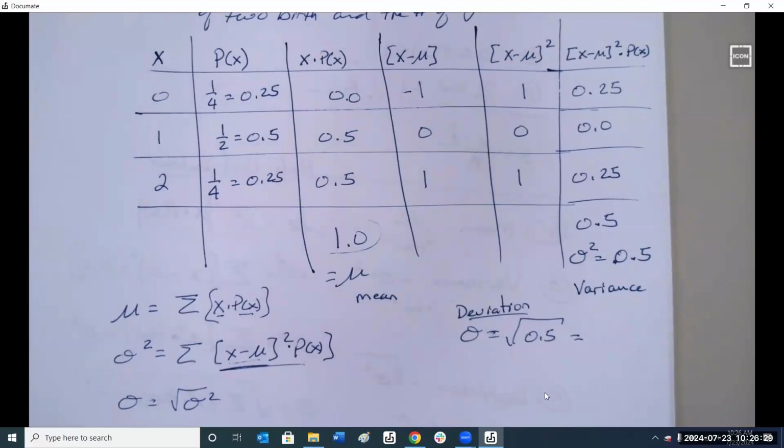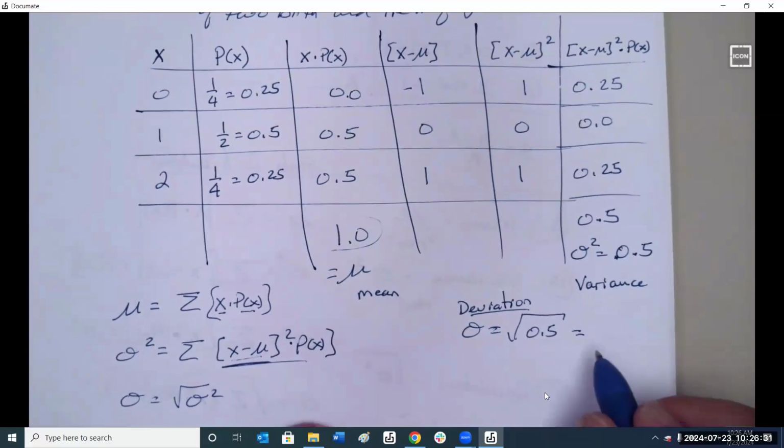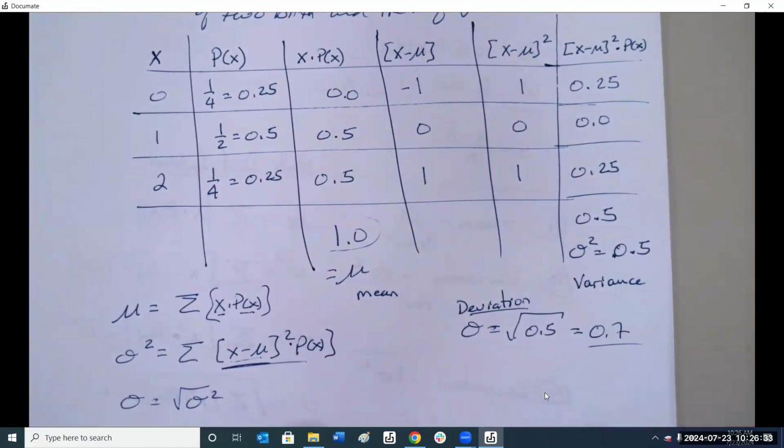It's 0.7. It has more decimals, but it's probably repeating. It goes on 0.707. So that's how you find the mean, variance, and deviation. 0.7.